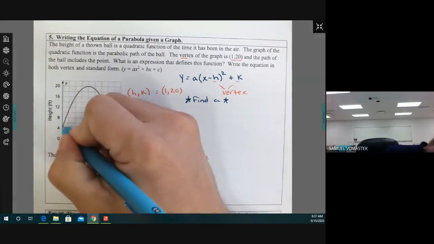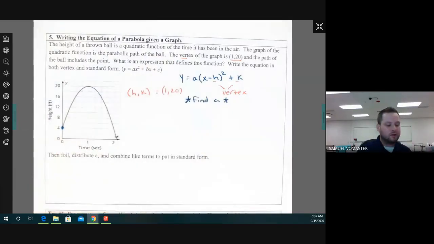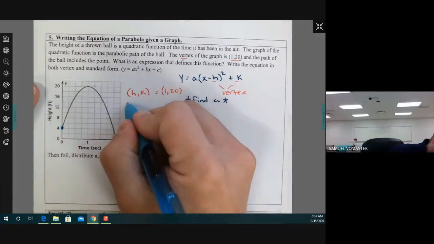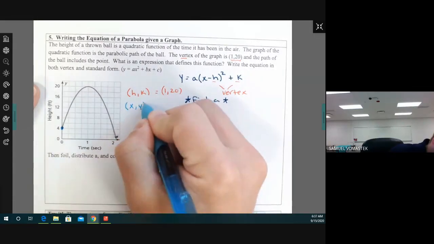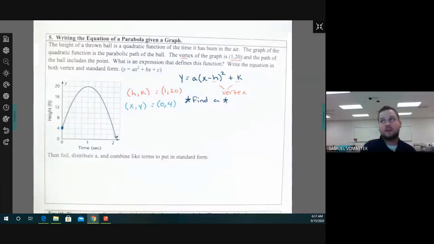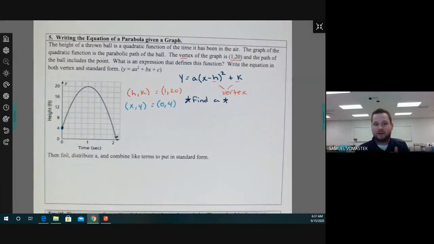Typically, that is going to be the y-intercept. So I got a point right there at (0, 4). So I'm going to have (x, y) equals (0, 4). The reason you want the y-intercept is because it makes our calculations a little easier when we plug in, which you'll see in a few seconds.